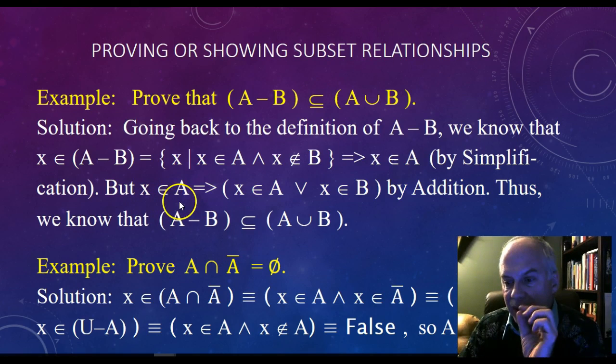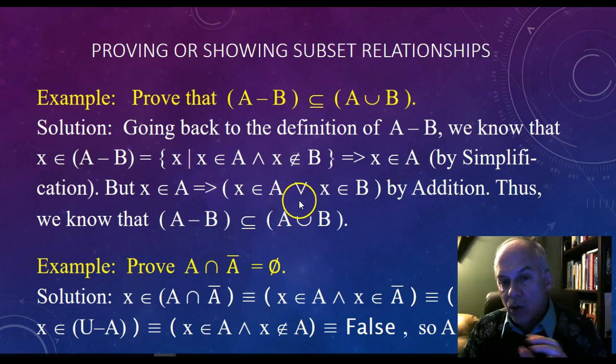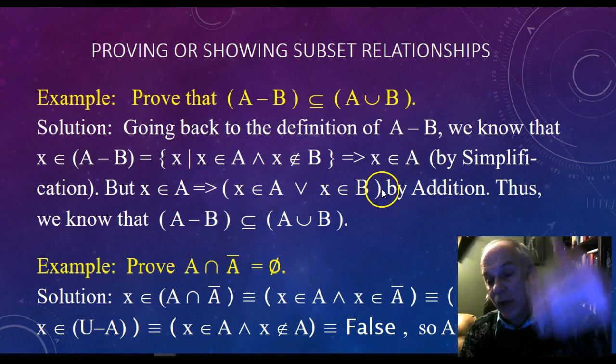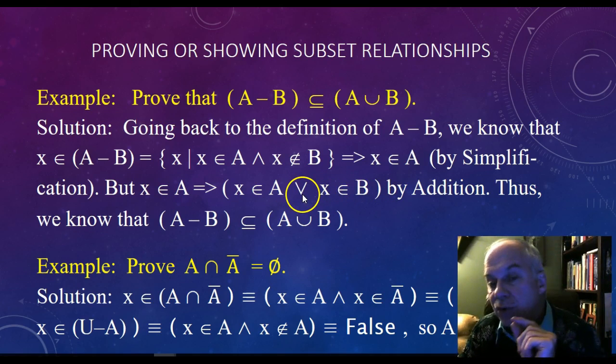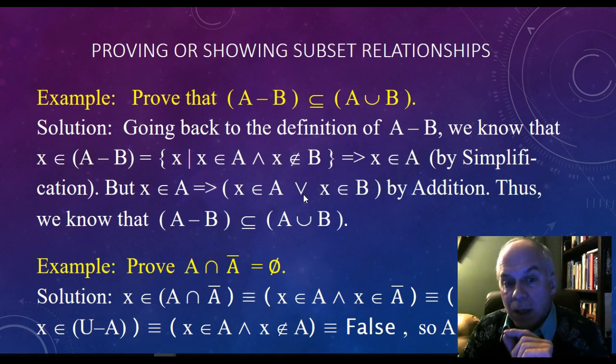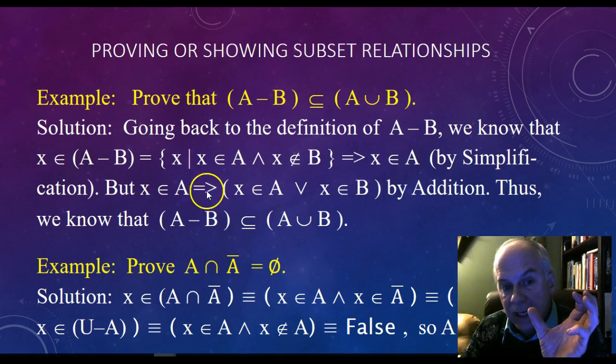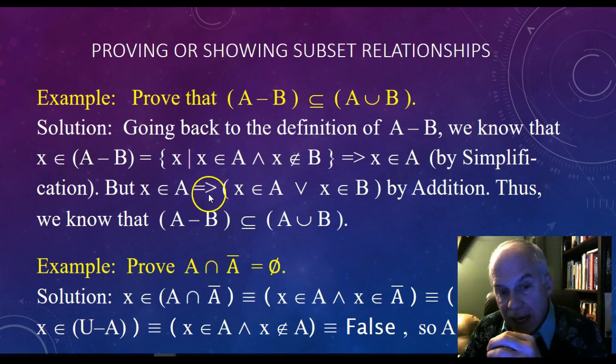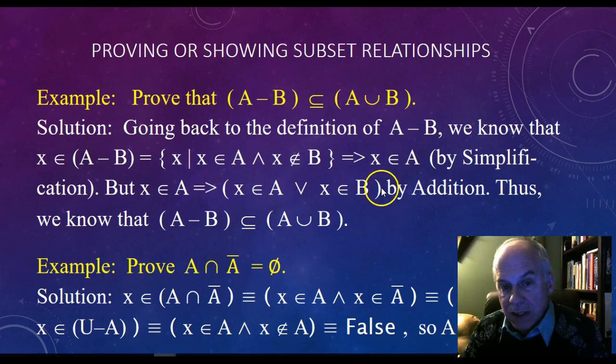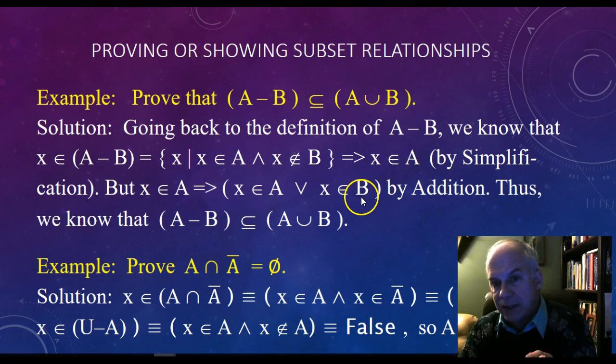But if we have x as an element of A, we can add to it something as long as we use an or. Now, x is an element of A or x is an element of B is implied if you know x is an element of A. But what is this set, x is an element of A or x is an element of B?